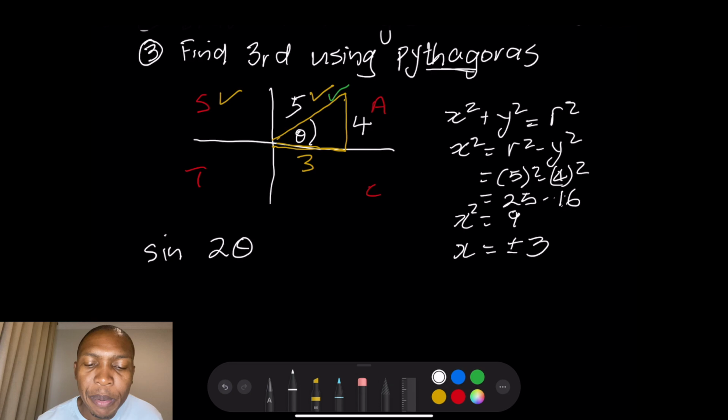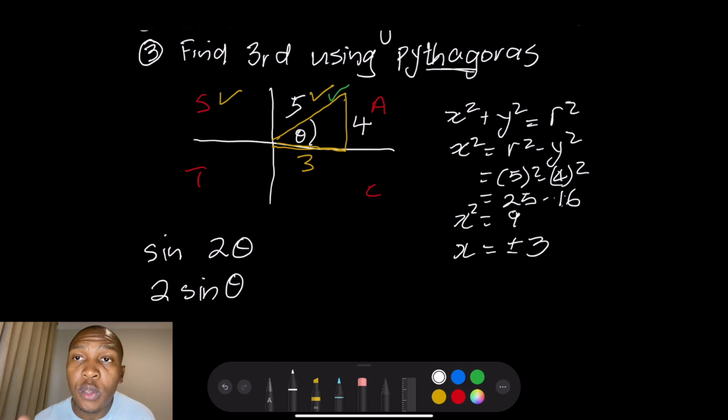We know sine of 2 theta is going to be 2 sine theta cos theta, and they'll always say without the use of a calculator, right? So sine of 2 theta is equal to 2 sine theta cos of theta. Now, what is 2 sine theta?